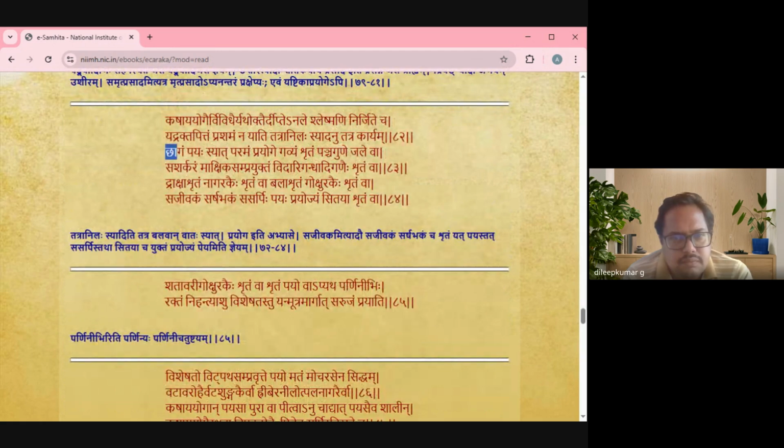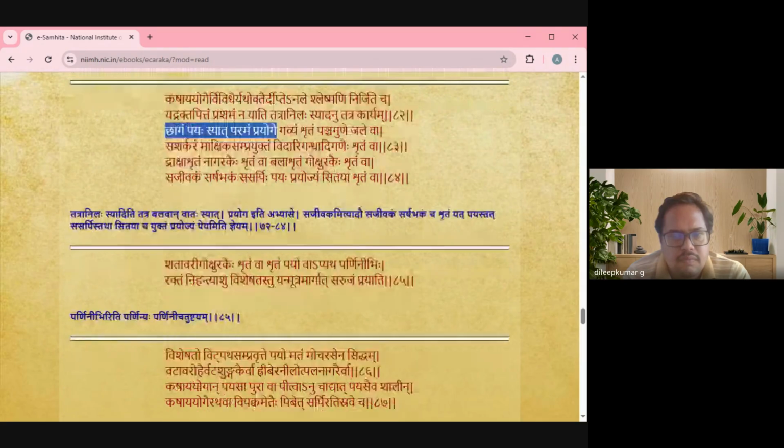Chagapaya, that is goat's milk, is the best Anupana or the best Dravya, best diet in case of Raktapitta.